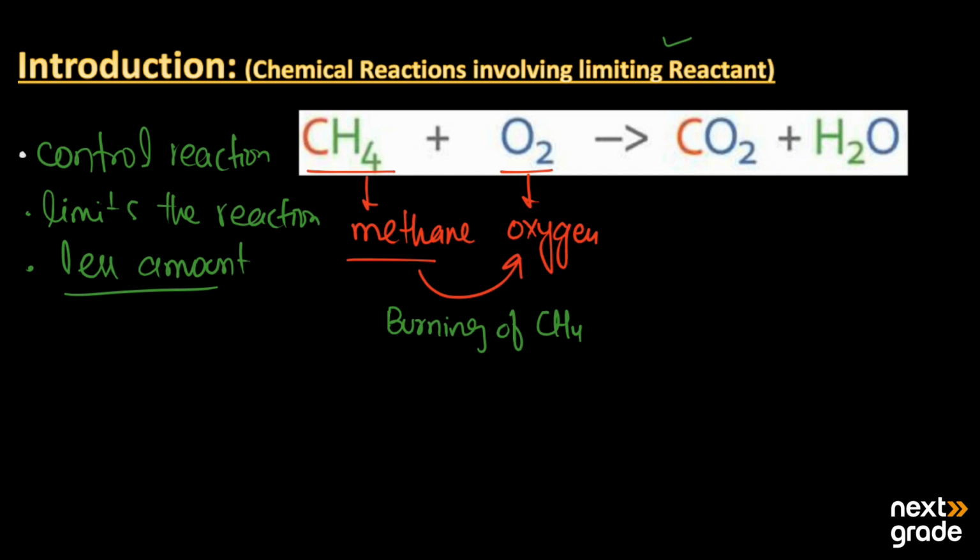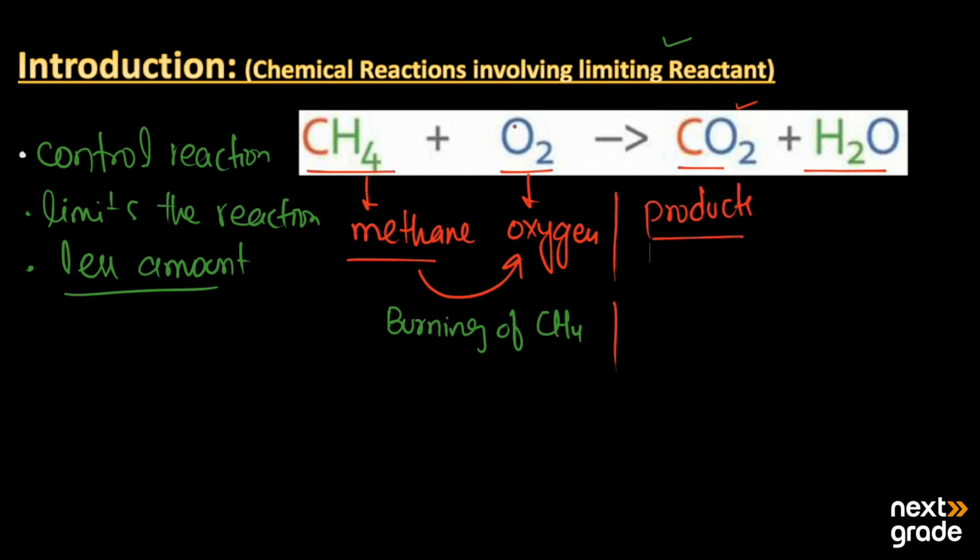The main products of this reaction are carbon dioxide, CO2, and the water molecule, H2O. Now we have to find which one of the two reactants, CH4 and oxygen, is the limiting reactant. So we will identify it from the amount of the products.